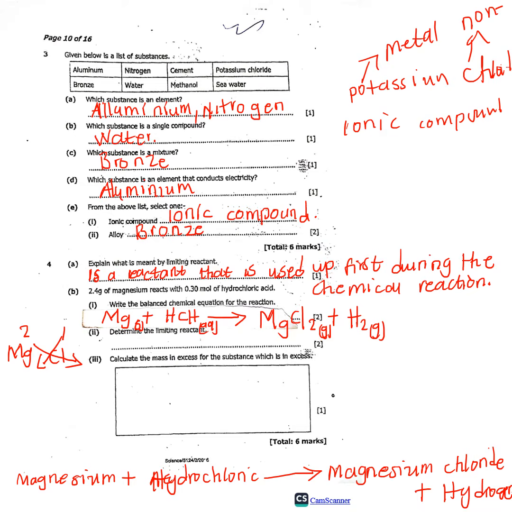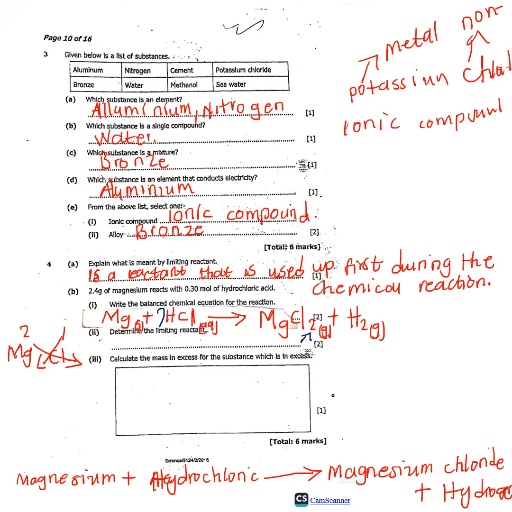Now after we are done writing our chemical equation, we need to balance. Let's check from the reactant part: we have one chlorine atom, but on the product part we can see that we have 2.